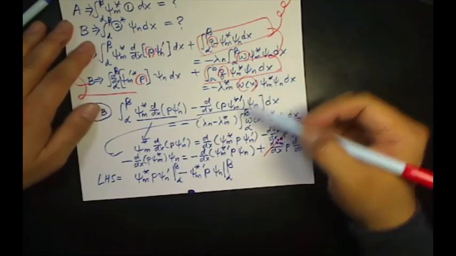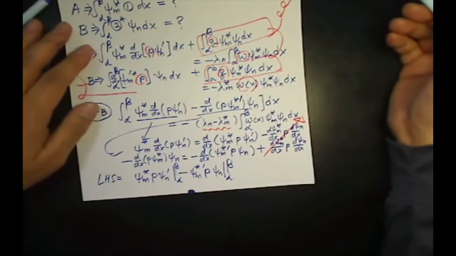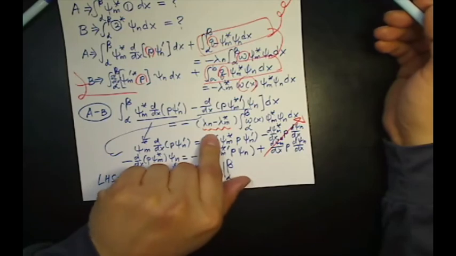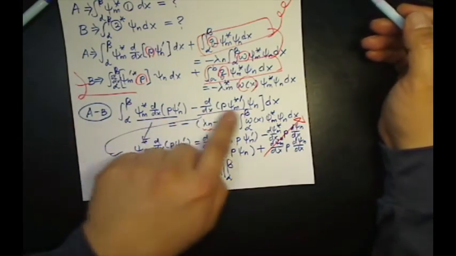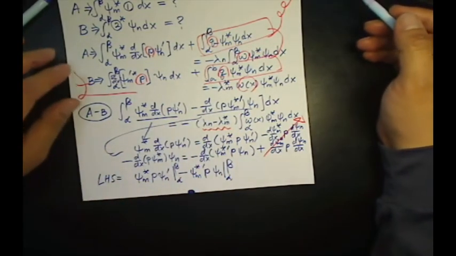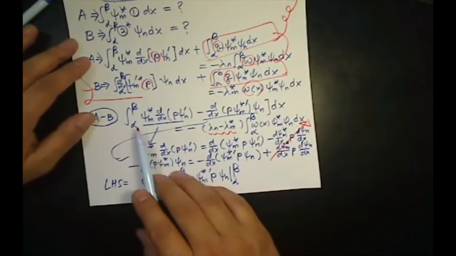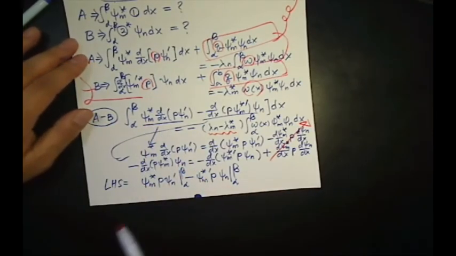We have the difference of the eigenvalue and the complex conjugate of the eigenvalue of m. And the left-hand side, this one can be written in the form, we can make an integration by parts.